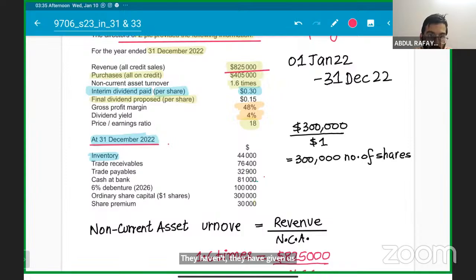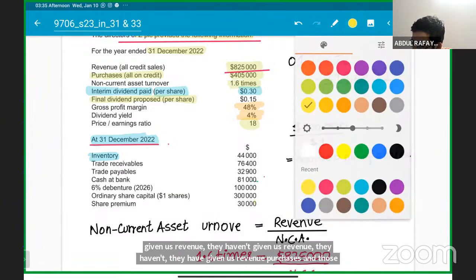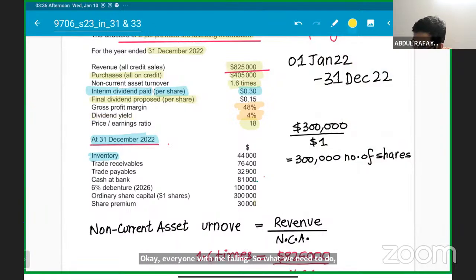So what we need to do, we need to take help from these ratios to work it out. There is a reason why they have given the dividend yield, the gross profit margin, and the price to earnings ratio, because we already know the formulas of them, and we will take the help from them to get the profit for the year.